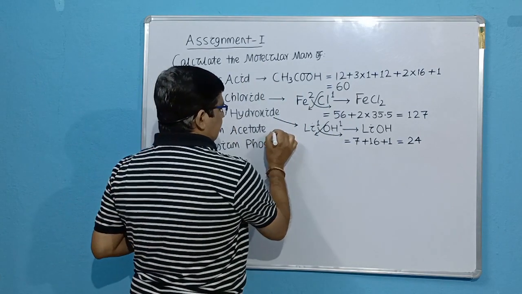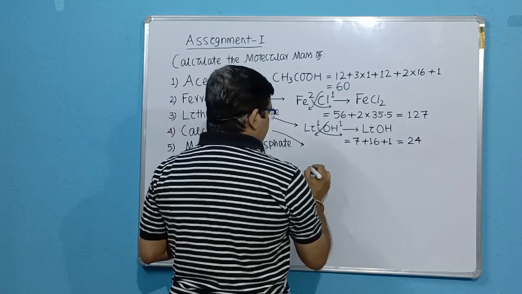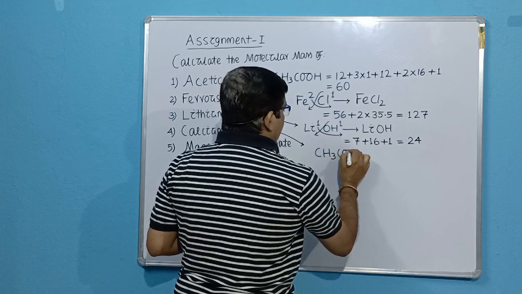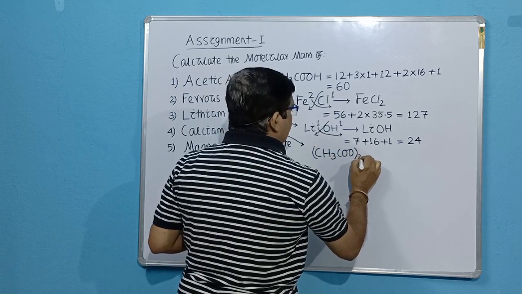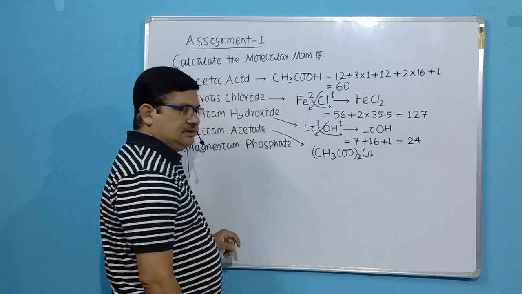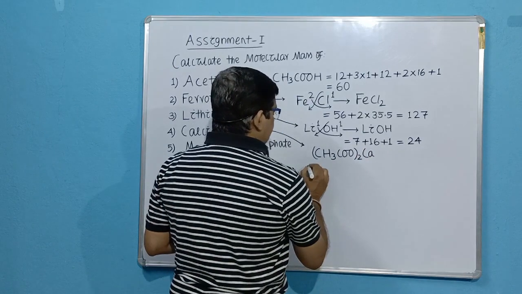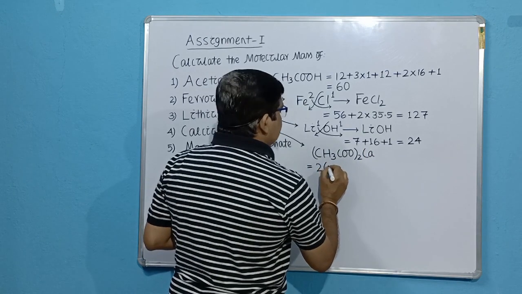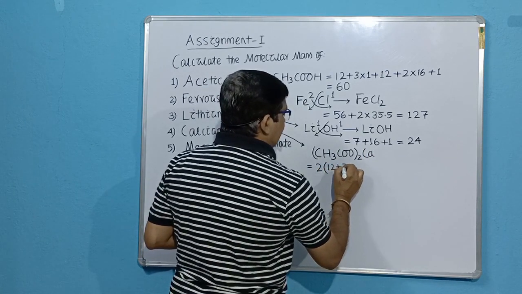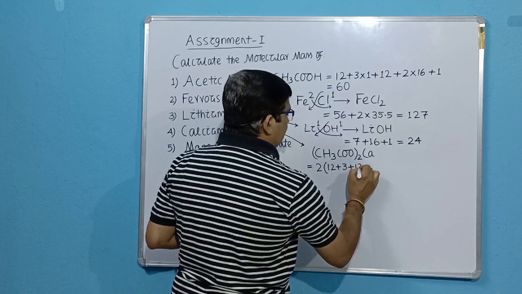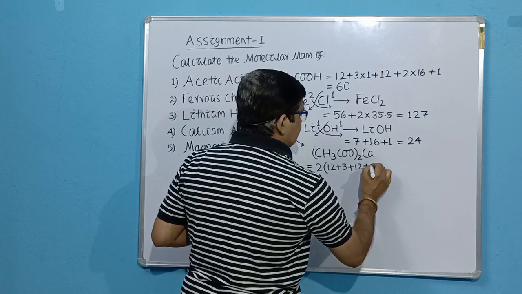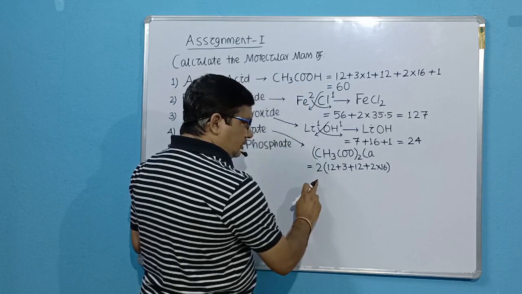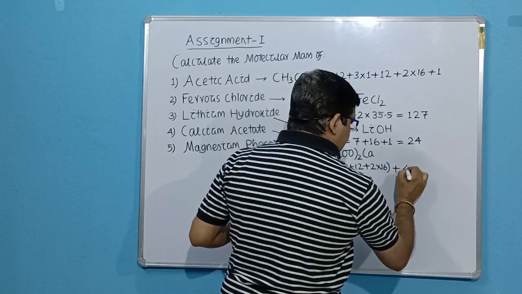Then calcium acetate. The formula is (CH3COO)2Ca. This is the formula of calcium acetate. So what will be the molecular mass? Start the bracket here: 2 into carbon 12 plus 3 hydrogen 3 plus again carbon 12 plus 2 oxygen, that is 2 into 16 which is 32, this whole into 2, plus calcium 40.